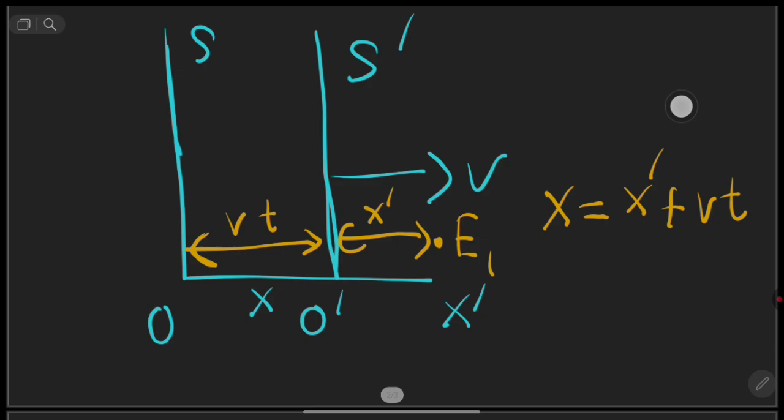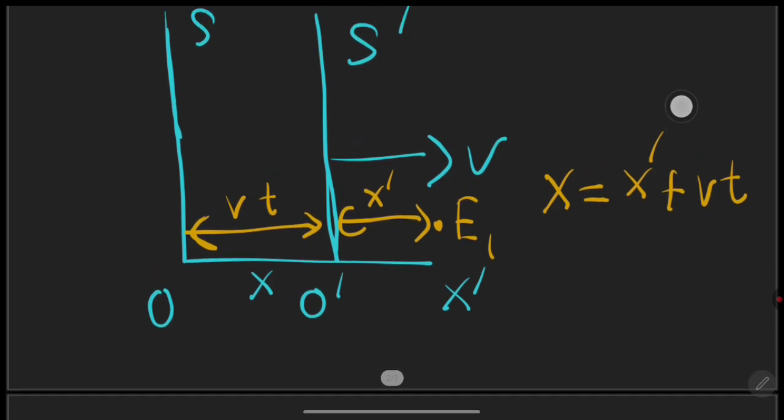When that observer moves to the right, their x and x prime axes are coinciding, and there's no motion in the other directions like y and z.